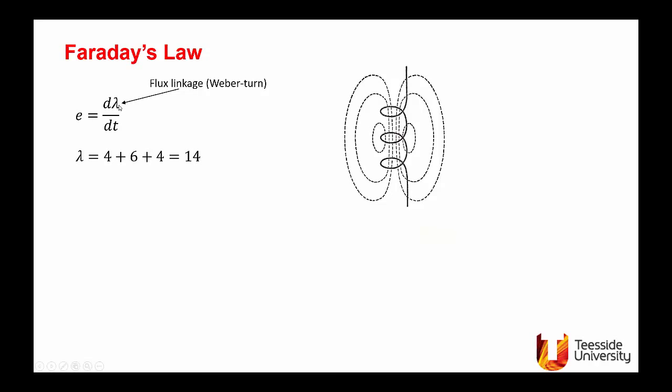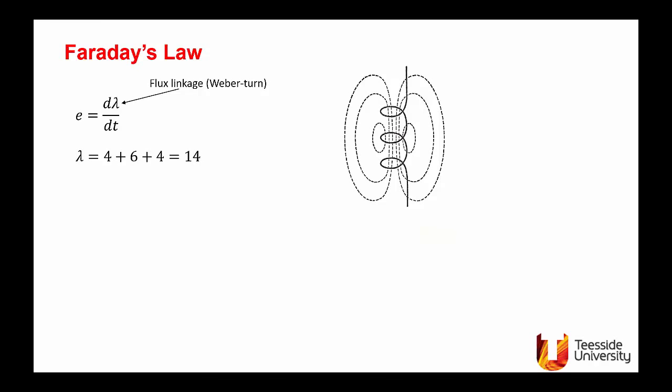We defined it in one of the earlier presentations in the series, but if all the flux lines were linking all the coil turns, then the flux linkage will be n turns of the coil multiplied by the flux phi. Generally, this is not the case.